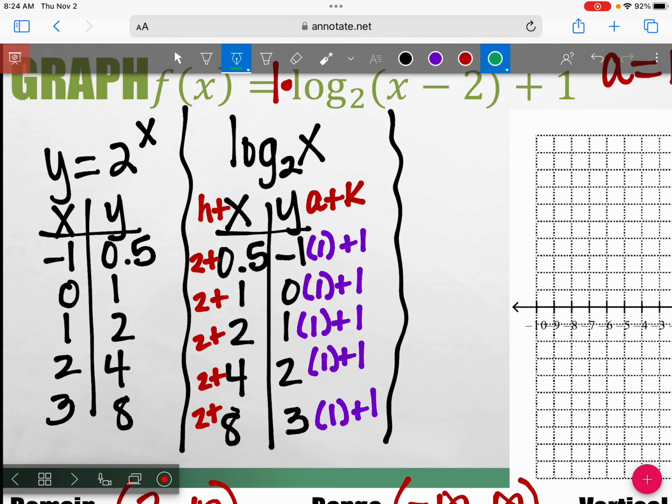I'm going to make that table in green. So go ahead, quickly figure out what these 5 numbers would be when you add 2. And then figure out these 5 numbers when you multiply by 1 and add 1.